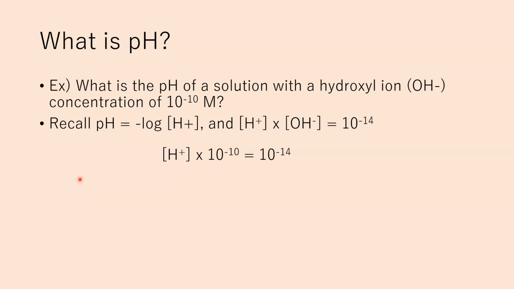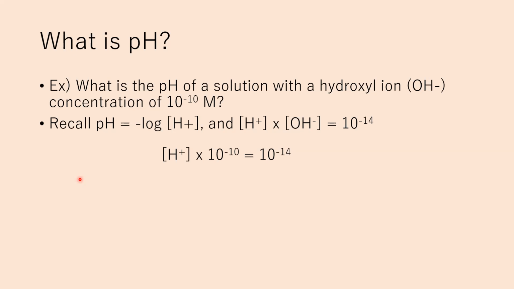Recall that pH is the negative log of the concentration of hydrogen ions. And recall that the concentration of hydrogen ions times the concentration of hydroxyl ions equals 10 to the negative 14th power per the equilibrium constant.